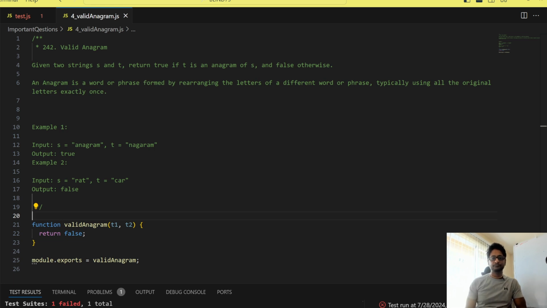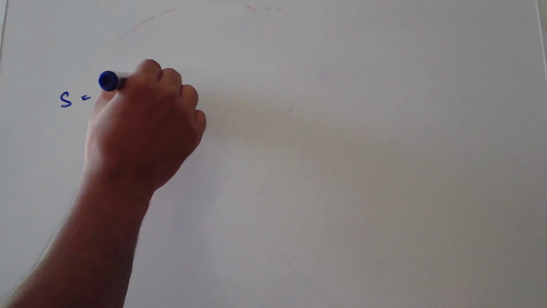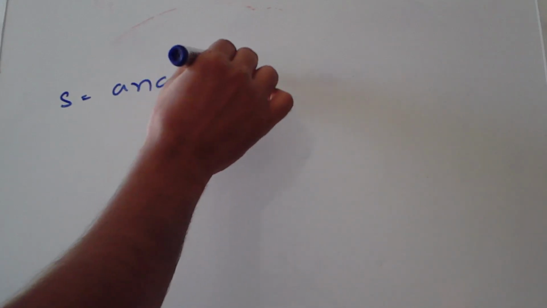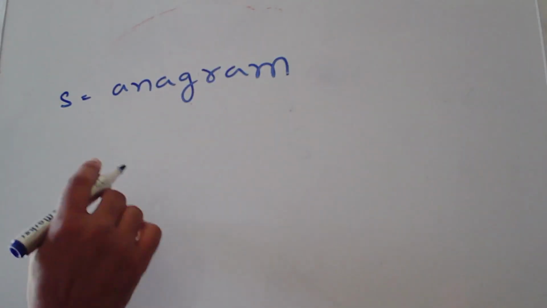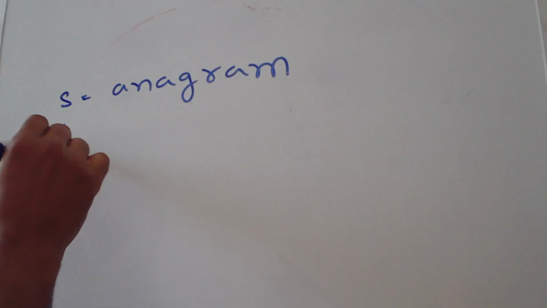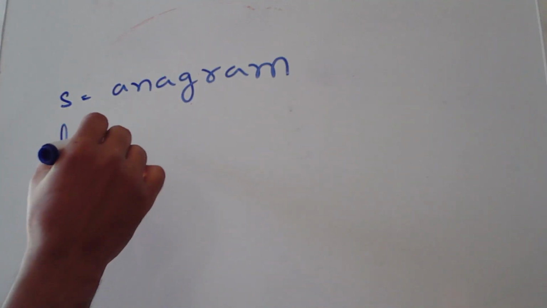So let me discuss this on the whiteboard, right? So let's take this example where we have s called anagram, right, and another string called t.